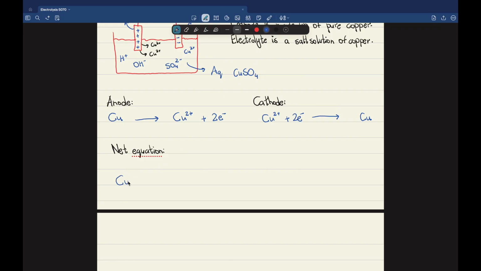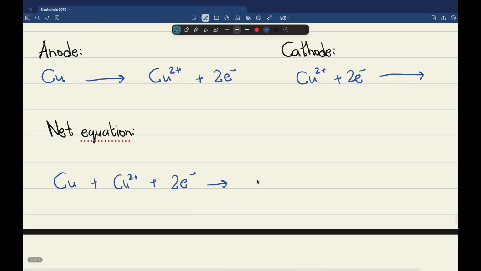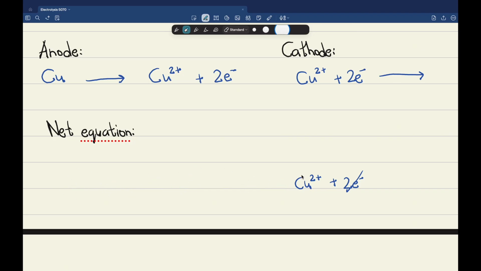Okay. So we have copper plus Cu2+ plus 2 electrons, and then again we have the same things on the product side of things, that is copper plus Cu2+ plus 2 electrons, right? And what happens is these electrons get cancelled, and then the final equation turns out to be, let me write it in a better way, the final equation turns out to be this. Right?